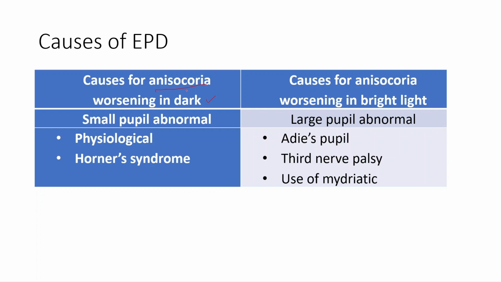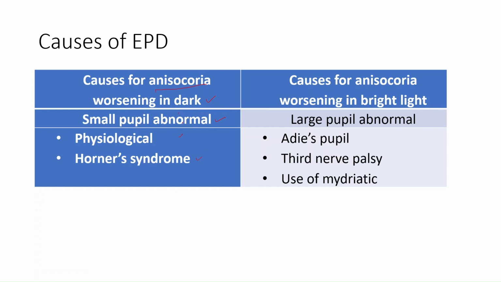The bigger pupil is functioning normally because it is doing what it is supposed to do in dark, that is dilate. The smaller pupil which is unable to dilate is the problematic pupil here. So the side which has a small pupil is abnormal in anisocoria which worsens in dark. There are only two causes for this, physiological and Horner syndrome.